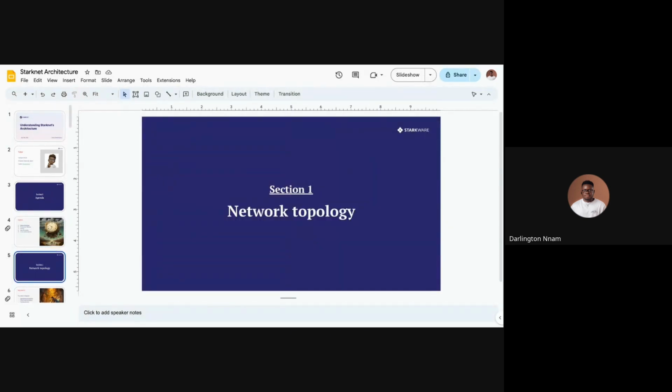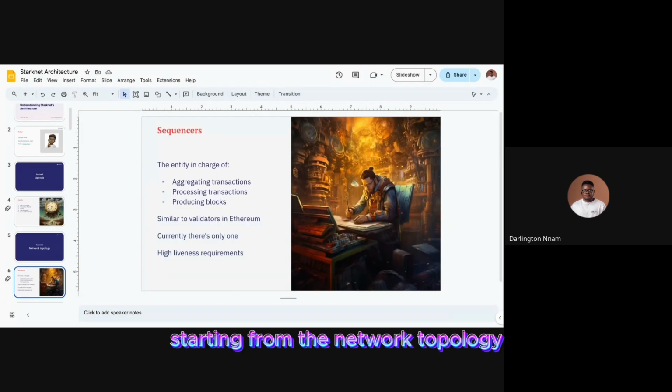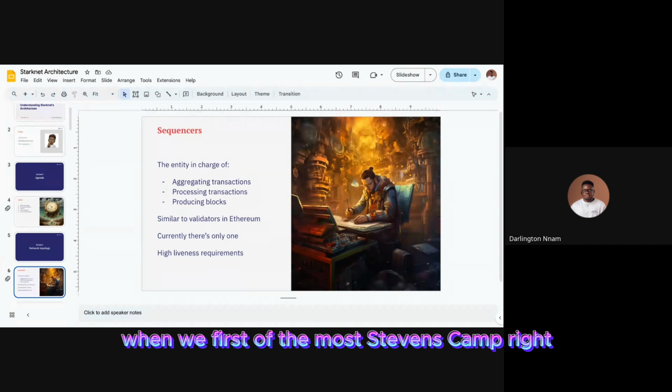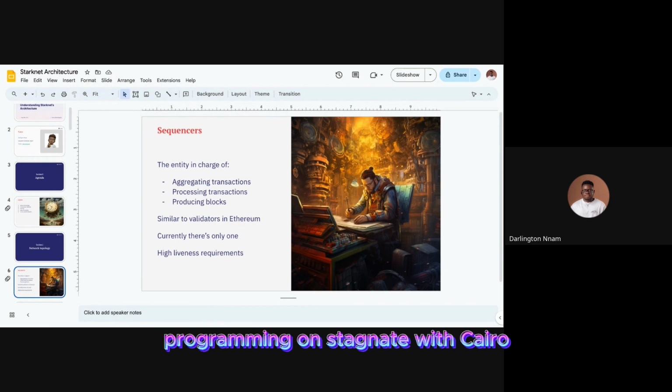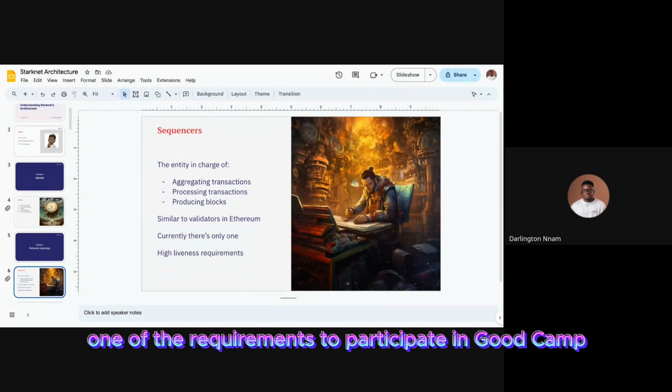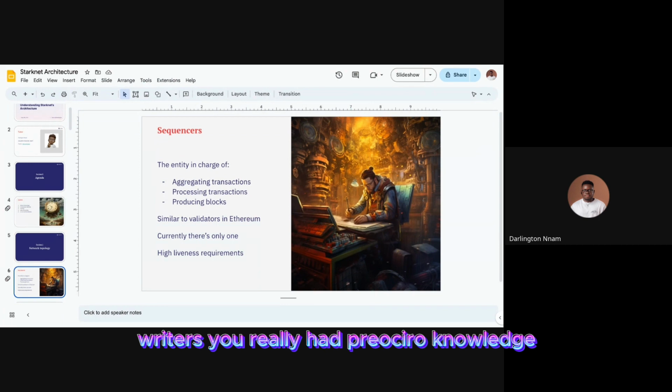So let's just try to pay attention and follow, since we don't have a lot of time at our hands. Starting from the network topology, I remember when we first talked about the bootcamp, David said the bootcamp was going to be for people who had already started programming on Starknet with Cairo. So one of the requirements to partake in the bootcamp was prior Cairo knowledge.